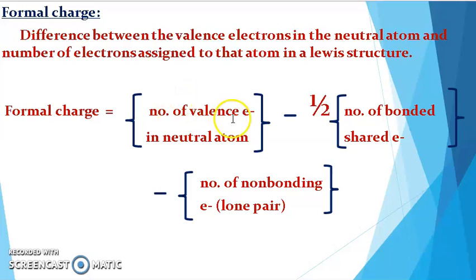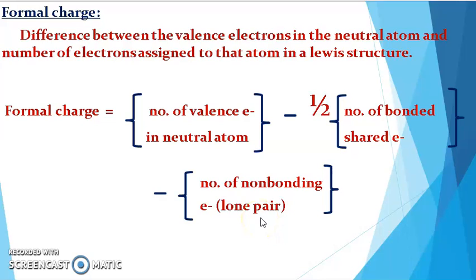You have to write the number of valence electrons in the neutral atom. For example, for the oxygen atom, valence electron is 6, in the outer shell. So 6 you have to write, minus half into the number of bonded shared electrons, the electrons shared for the bonding, minus the number of non-bonding lone pair electrons.